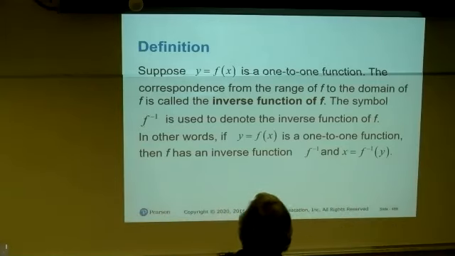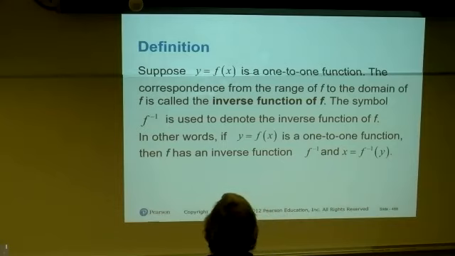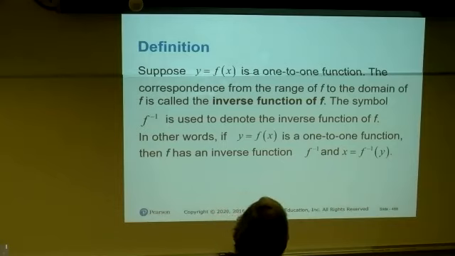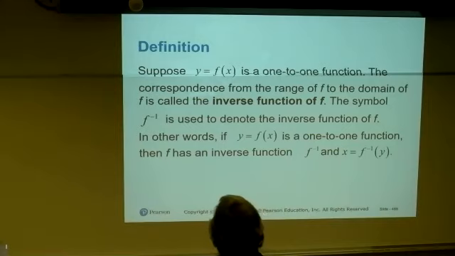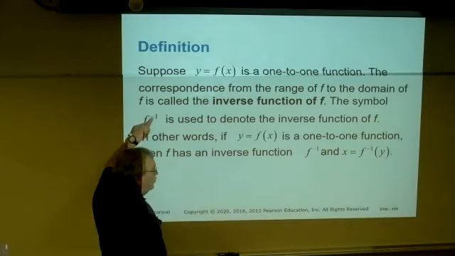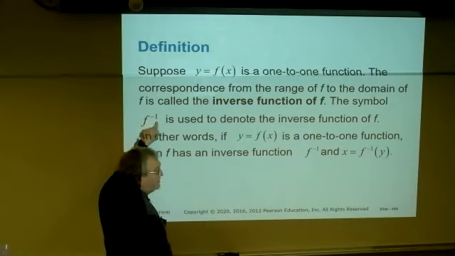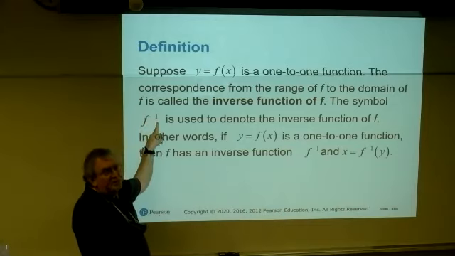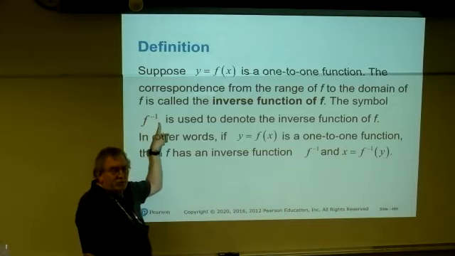Suppose y equals f of x is a one-to-one function. The correspondence from the range of f to the domain of f is called the inverse function of f. The symbol is f to the negative 1. How we state this is not "f to the negative 1"; this is "f inverse."